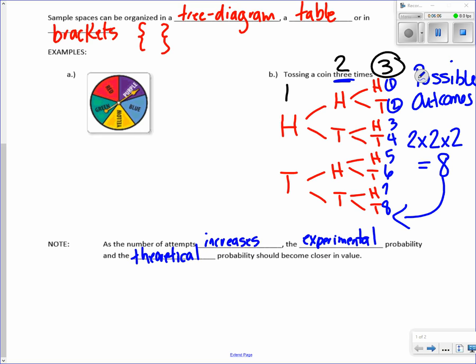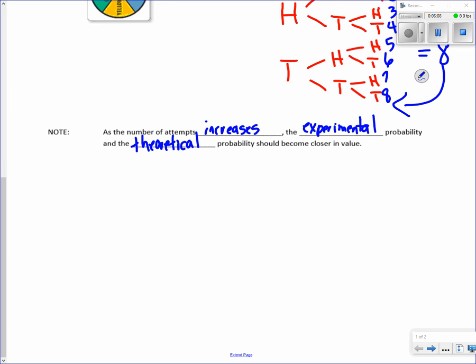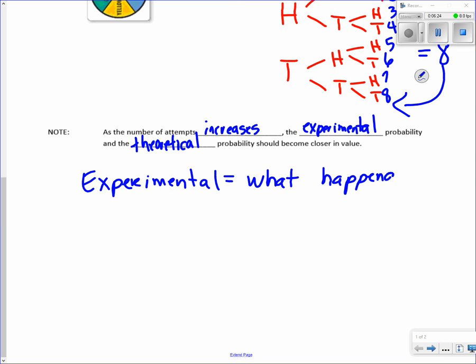Now what that means is, it's not on here, but your experimental probability is what actually happens. And we've talked about this previously in your foldable. Remember, it's what actually happens. You do not have to do the experiment, but an experiment was done. And the theoretical is what should happen.